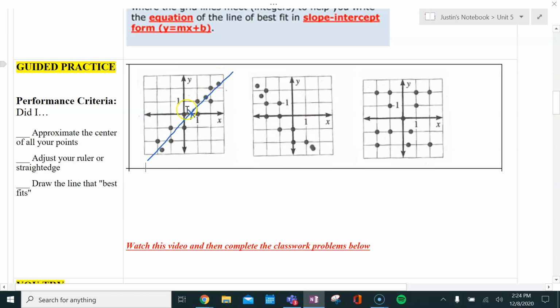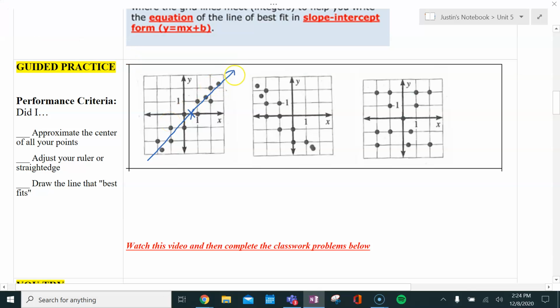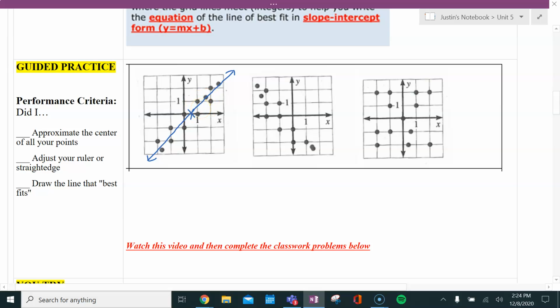Okay, and you'll see that this line goes through these points, and you'll notice that there's about the same amount of points above the line as there is below the line. So if you count 1, 2, 3, 4, 5, 6, and we'll count 7 above the line, we have 1, 2, 3, 4, 5, and again, this one can go both ways. So there's about the same amount of points above the line as there is below the line.